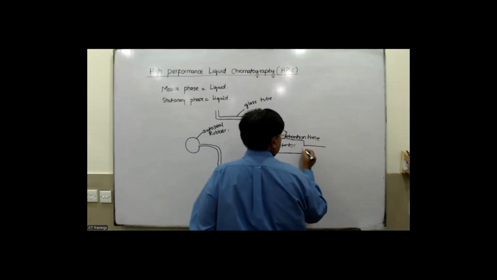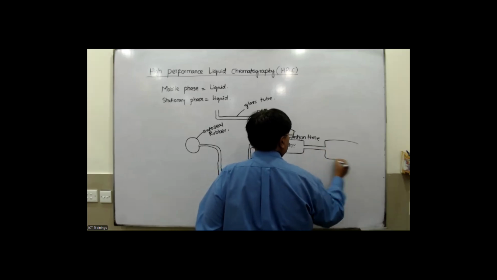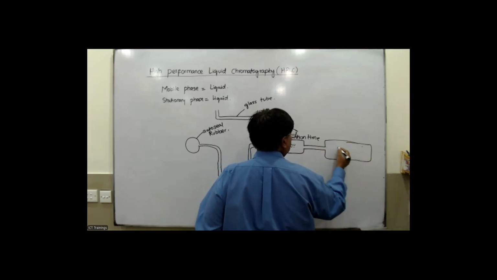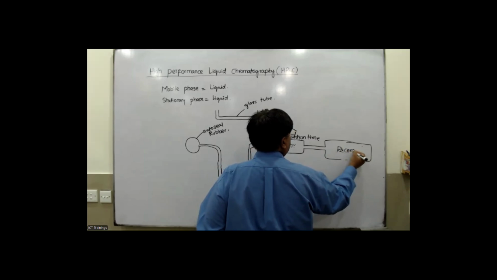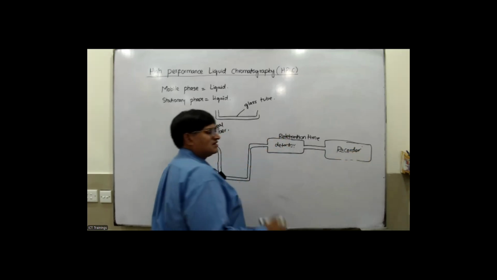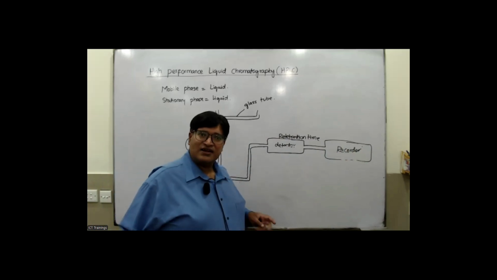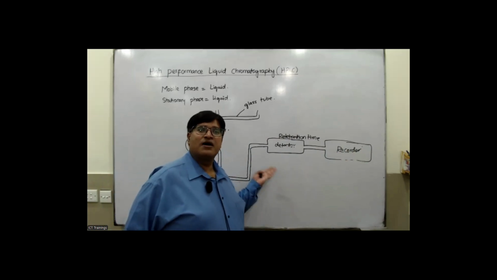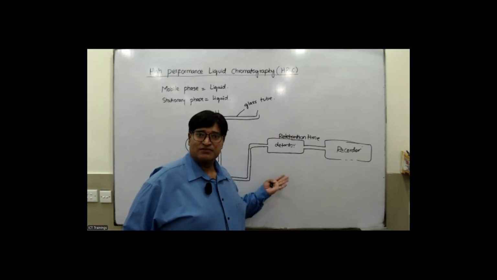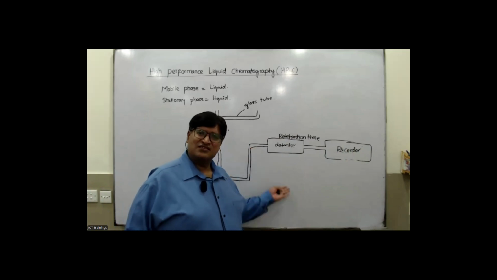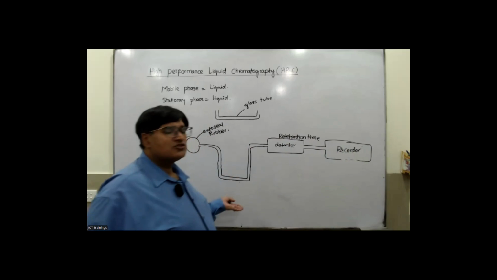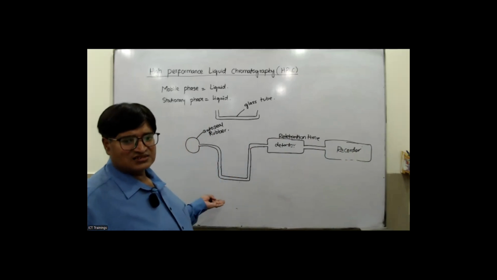Okay. And then this one is joined with the recorder. So this is the recorder. So whatever graph is made by this HPLC is exactly the same as we made in the GLC, but the only difference lies in the working of it. Why? Because you people are not using the gas this time.